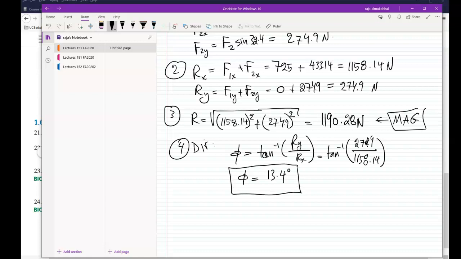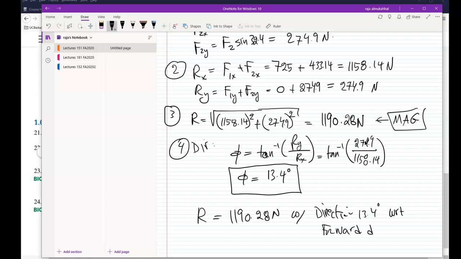So there we go. I have the vector R equal to 1190.28 Newton, hopefully it's correct, with direction 13.4 degree with respect to the x-axis, or forward direction. And there we go. You got it, guys? Simple?